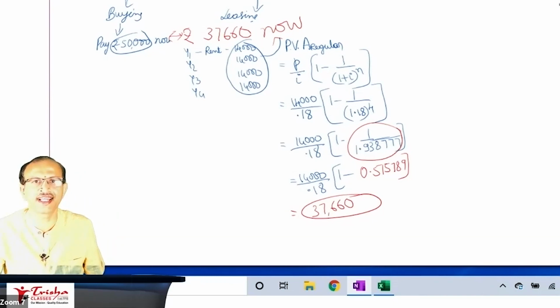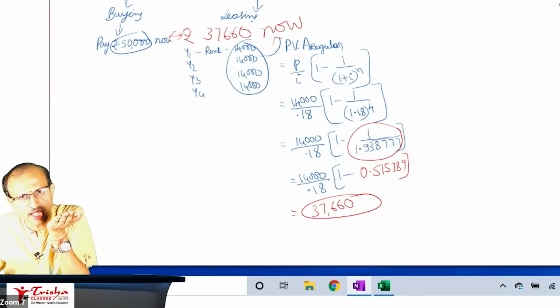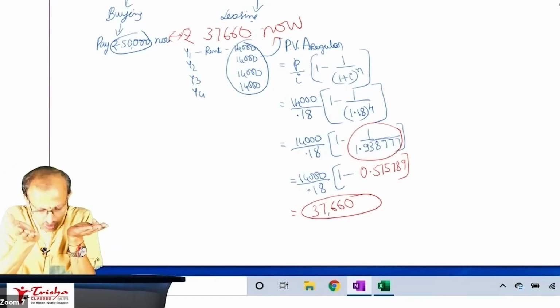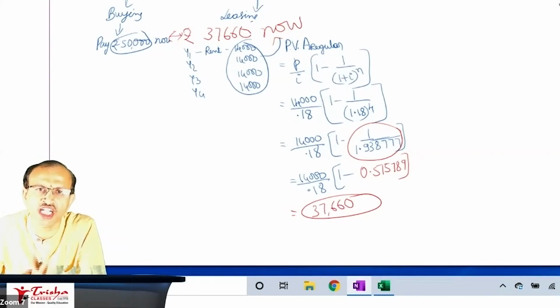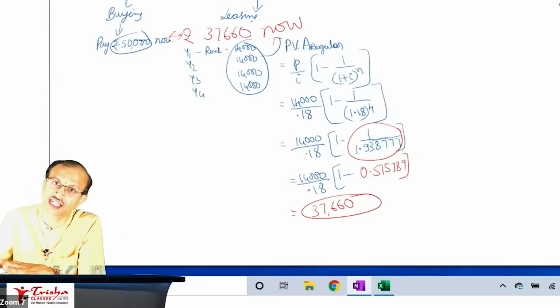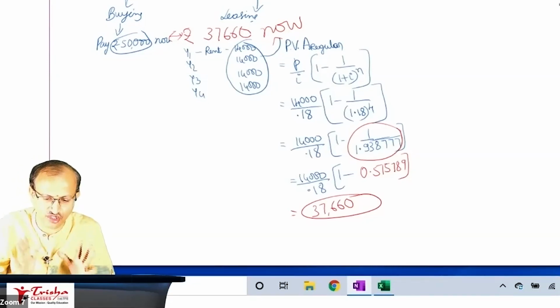So finally 50,000 cannot be compared with the next 4 years' money. Bring it back now. This is 50. This is 37,660. What you said, no? 14,000 for 4 years, 56,000 you pay in the next 4 years, is equal to just 37,660 today. Are you clear with what I said?